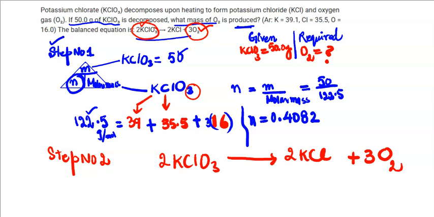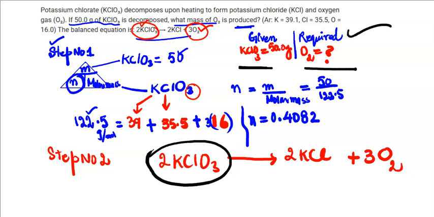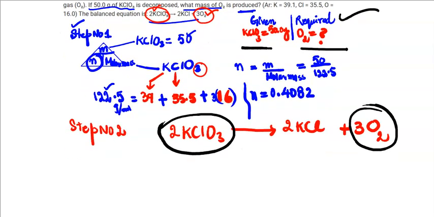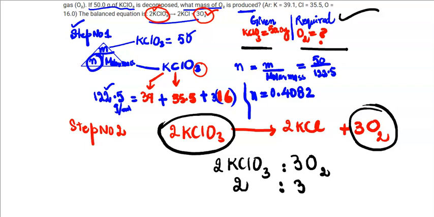They're asking you to calculate the mass of oxygen from KClO3. Now, just circle those two things which you have written earlier, 2 KClO3 and 3 oxygen. Now, pick them out and write it here. 2 KClO3 ratio 3 oxygen. According to the equation, 2 moles of KClO3 gives 3 moles of oxygen.